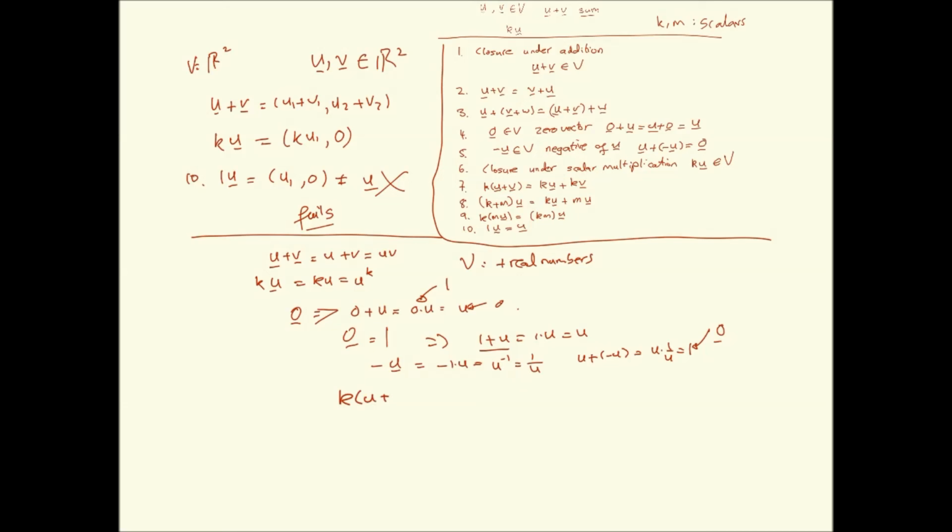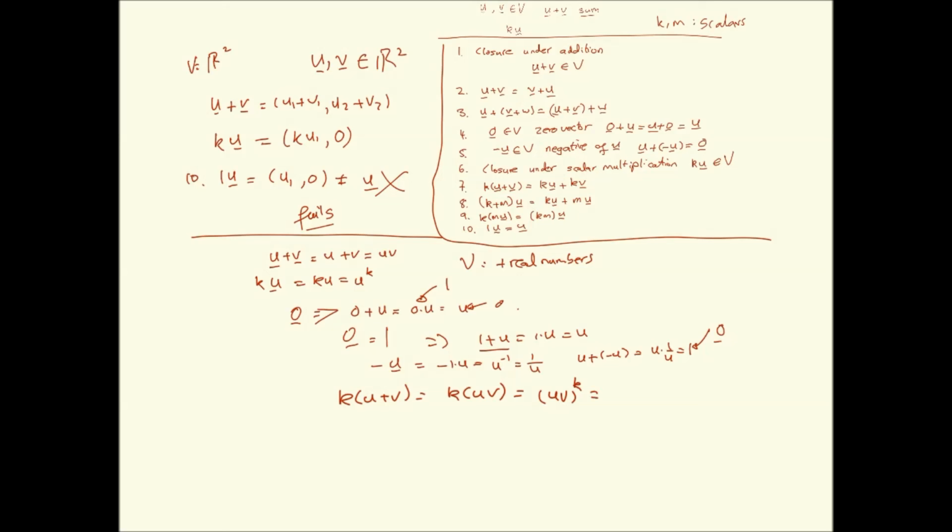For instance, k times (u plus v). If I look at that, remember, u plus v is uv. So it's going to be k times uv, which means it's going to become (uv) to the power k, because it's a scalar multiplication. You need to work this out quite carefully.